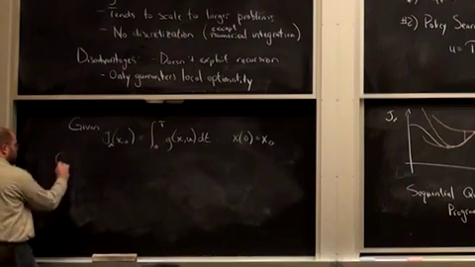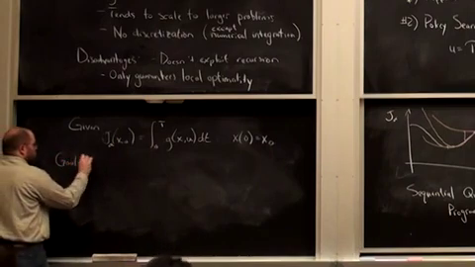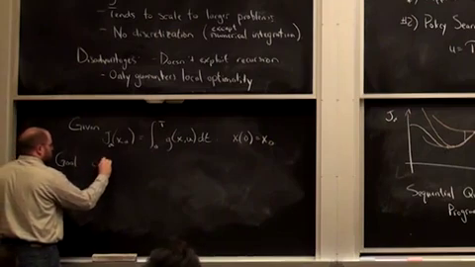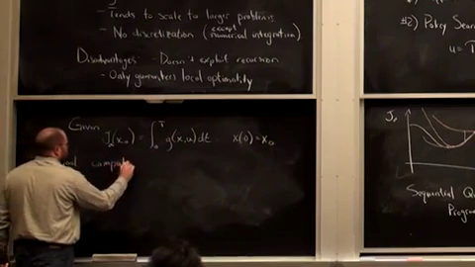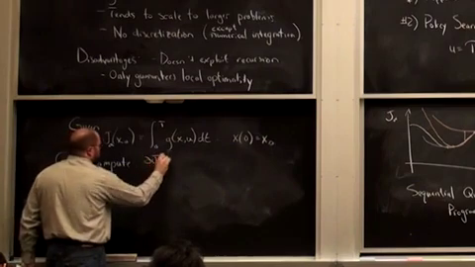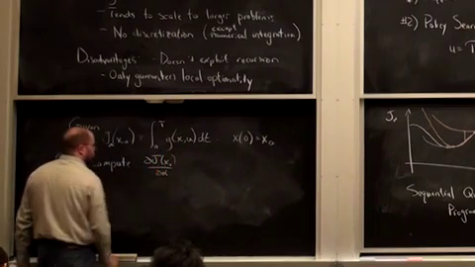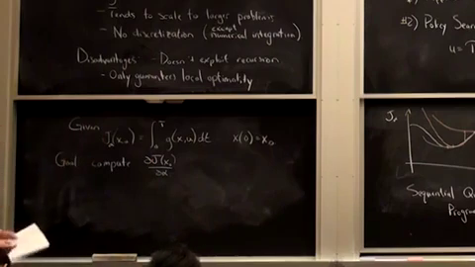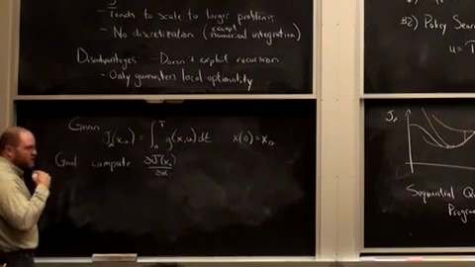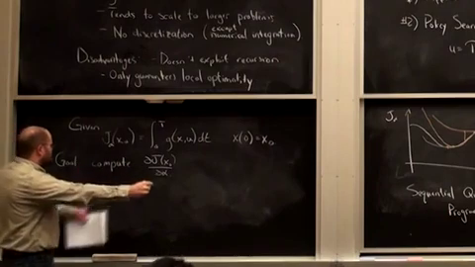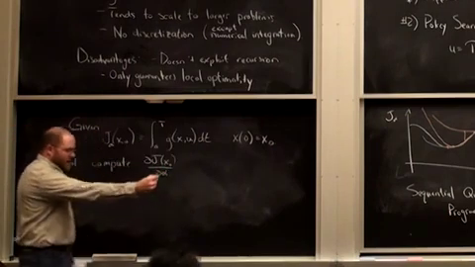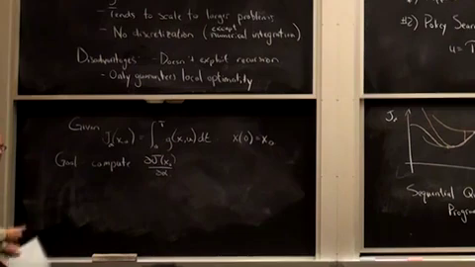The goal is to compute partial J, x0, partial alpha. My claim is I can compute that very efficiently by integrating the system forward from 0 to t, backward from t to 0, and then I'll get my gradient.